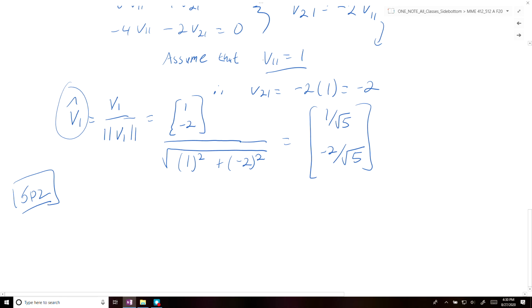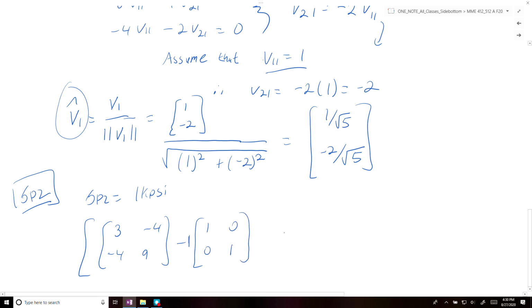Okay. So sigma p2, we said that was equal to 1 kpsi. So we can plug it into our equation here. We have our original state of stress here, and we're going to subtract our second principal stress, which was 1, times the identity matrix, and multiply that by our second eigenvector.